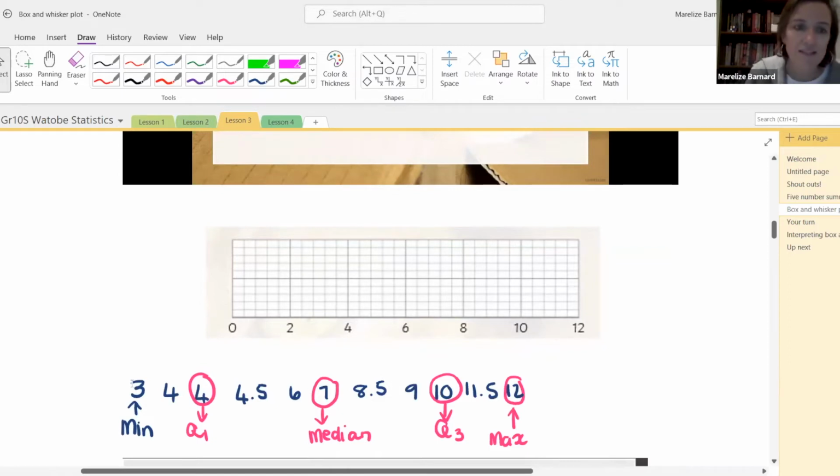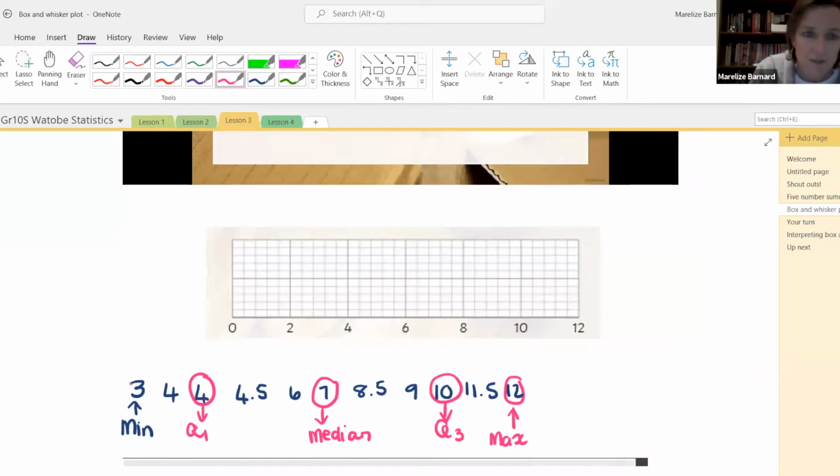Okay, so once you've done that, we are now going to plot our box and whisker plot. So let's just mark off where our values are, our key values, or our 5-number summary. The 3 is probably about here. And there's our 4. And the 7 will go there. And that's 10.